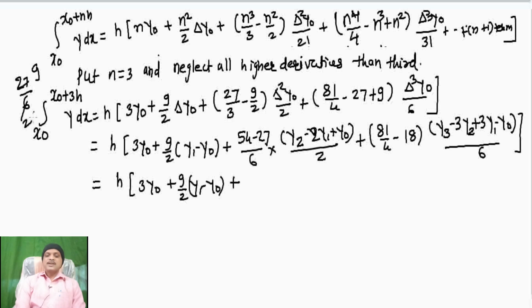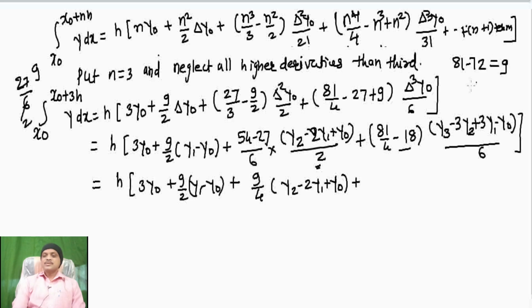So 9 divided by 2 and this 2, so 9 divided by 4 into y2 minus 2y1 plus y0, plus 81 by 4, the LCM of these two: 18 into 4 is 72, and 81 minus 72 is 9.